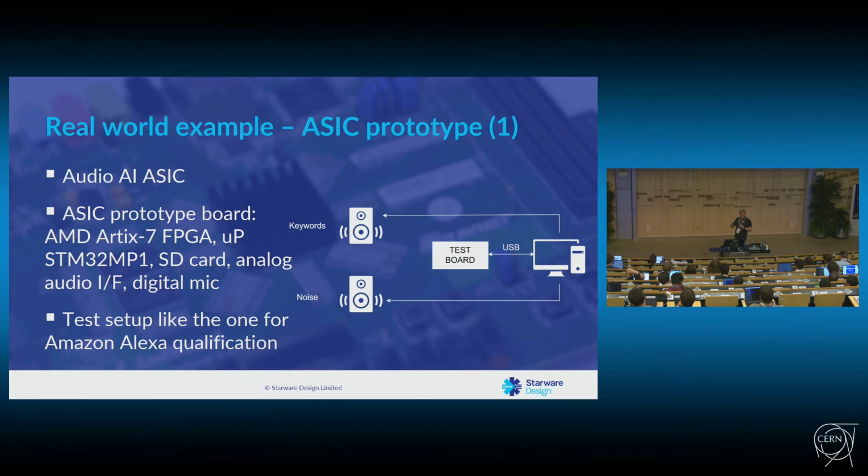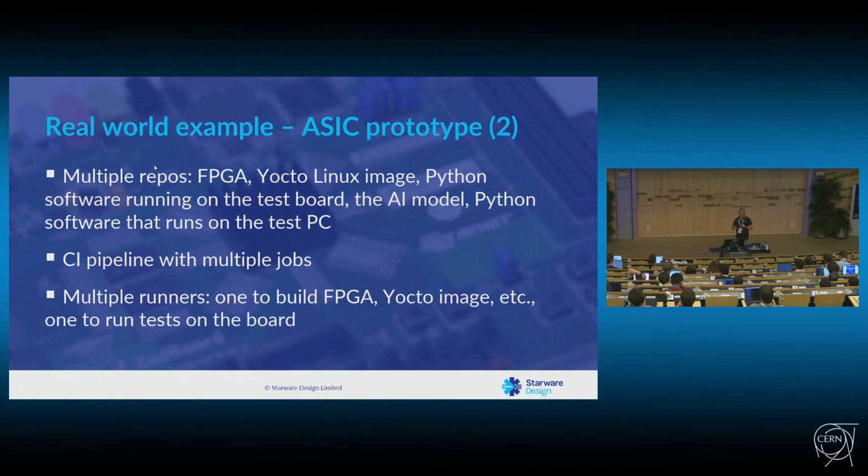And basically what we had in that case was quite a few repositories. There was one repository for the IP with its own cocotb testing. There was the FPGA top level. There was the Yocto Linux image. There was the software running on the test board, the AI model, etc. So you can understand it's quite a complex pipeline.